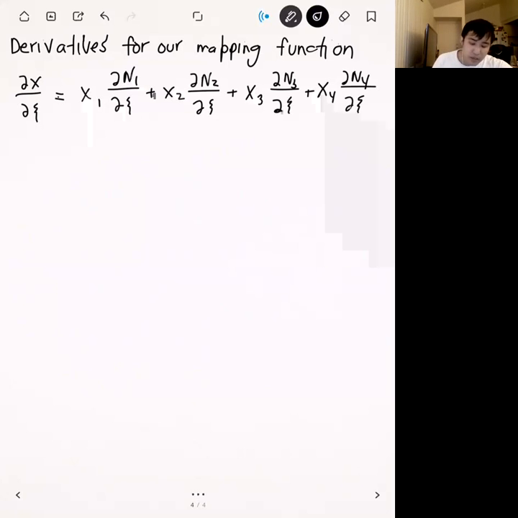So you can see here because the physical coordinates are constants, the derivatives only land on the shape function terms, okay? And in addition to this, we have partial x, partial eta, partial y, partial xi, and partial y, partial eta, okay?